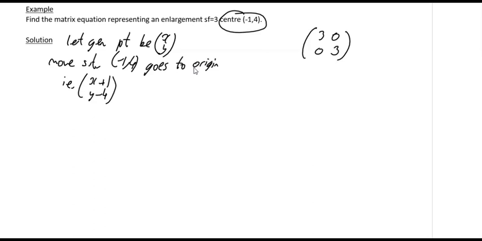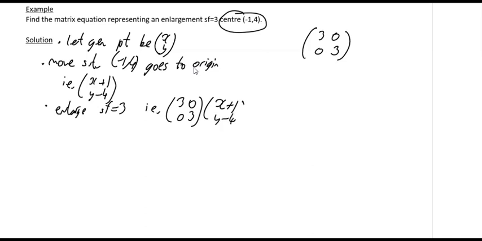And then what we want to do then is enlarge scale factor equal 3, i.e. what we're doing is the 3, 0, 0, 3 times the x plus 1, y -4.